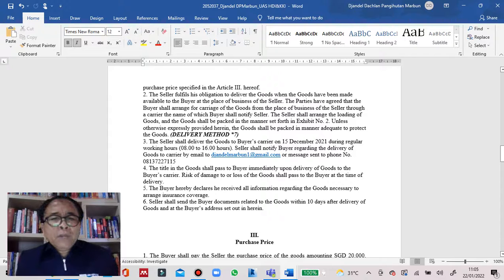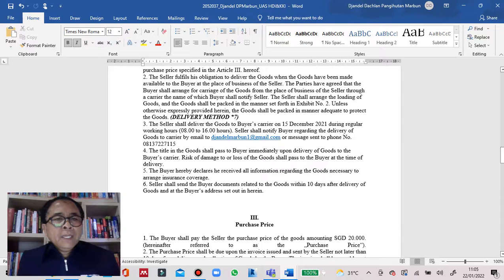The seller shall notify the buyer regarding delivery of goods to the carrier by email to Djandel at the following email or message sent to the phone number 081372271115. 4. The title in the goods shall pass to the buyer immediately upon delivery of goods to the buyer's carrier. Risk of damage to or loss of the goods shall pass to the buyer at the time of delivery.